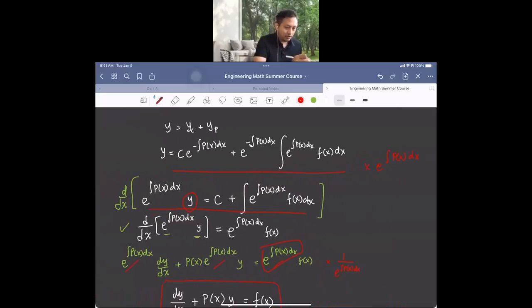We can write this y as y equals 1 over e^(∫p(x)dx), right? And then the integration of e^(∫p(x)dx) f(x) dx, right?